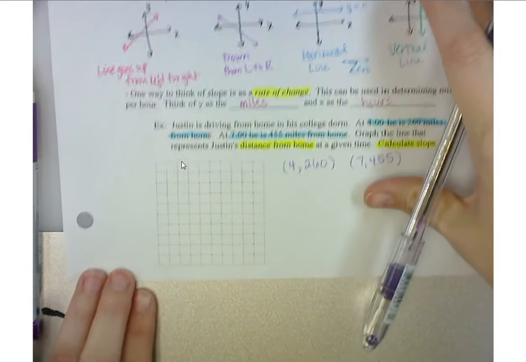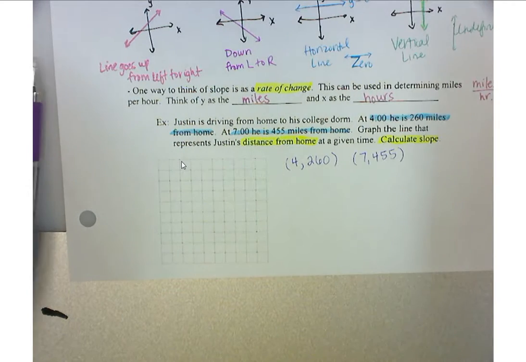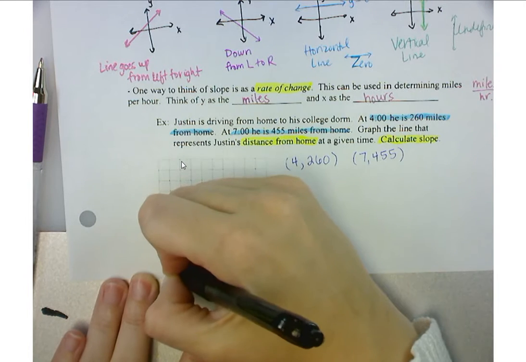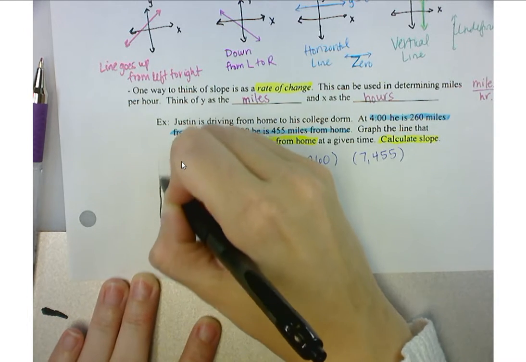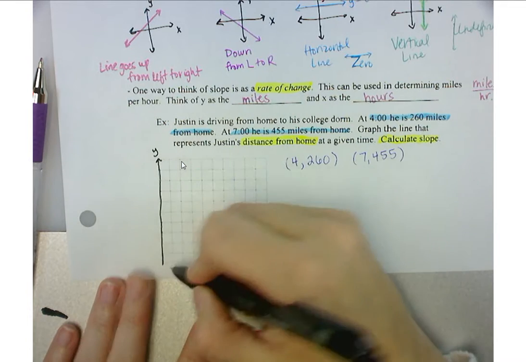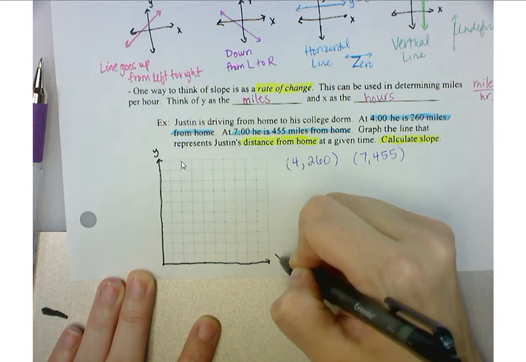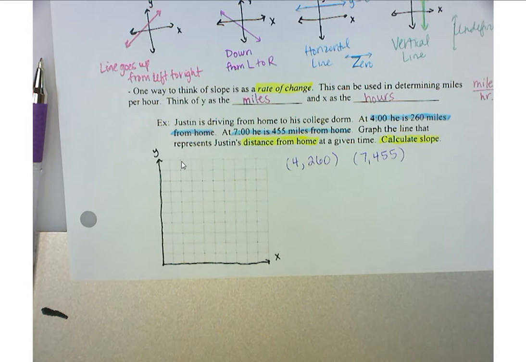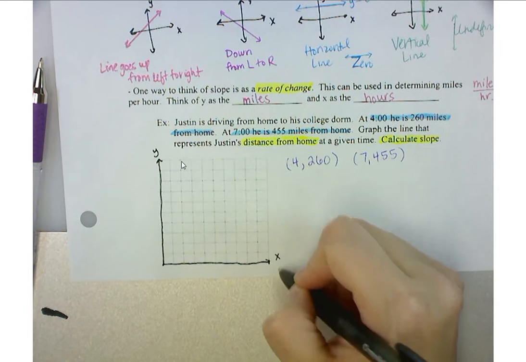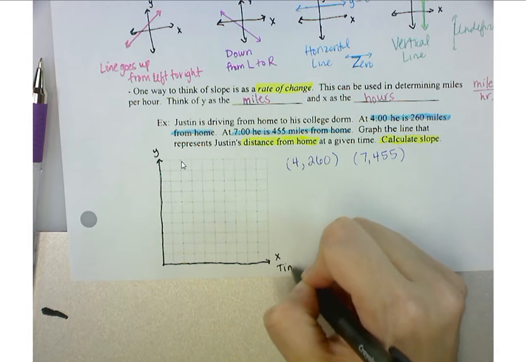So when I go to graph these, I'm going to have to think about my scale. Okay, so here's my y, here's my x. These are only going to be positive. So this is going to be your time.